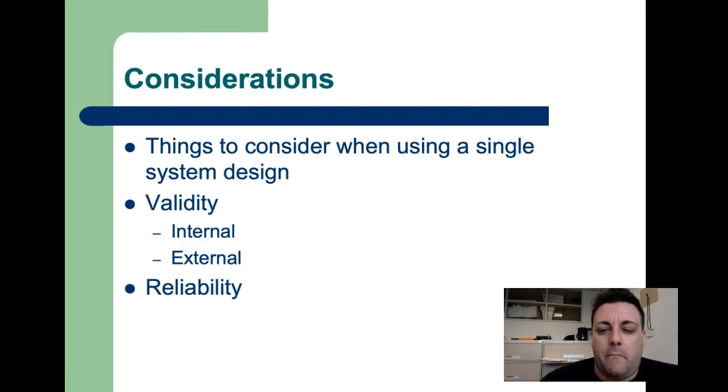Again, my real sense of the single system design is that it's used to really track progress, and so things like the AB design and the ABA design are used most often in clinical practice because they're the simplest, they have the fewest ethical concerns or pitfalls, but they also probably have the most threats to internal validity.